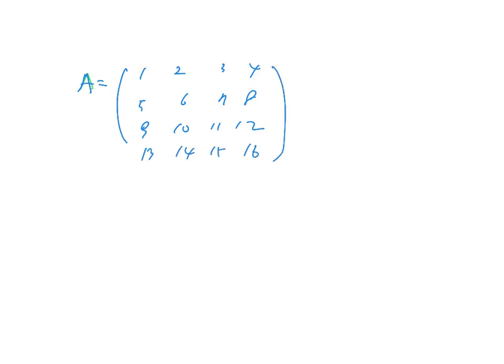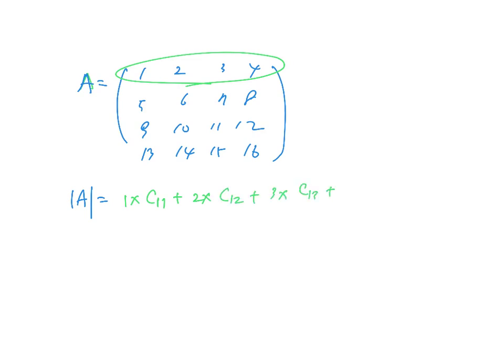I partially spoiled your homework. The determinant A is, you can expand this first row. So 1 times C11 plus 2 times C12, 3 times C13, 4 times C14.